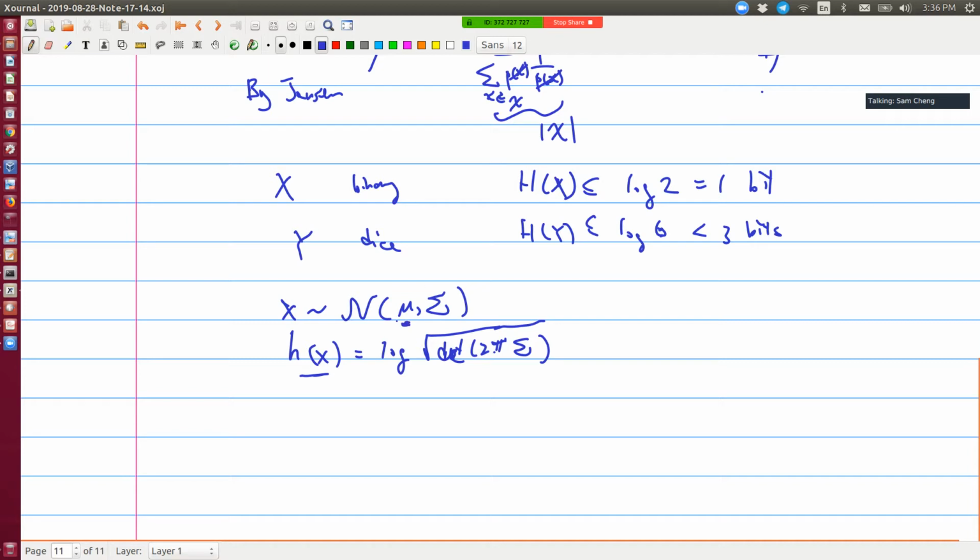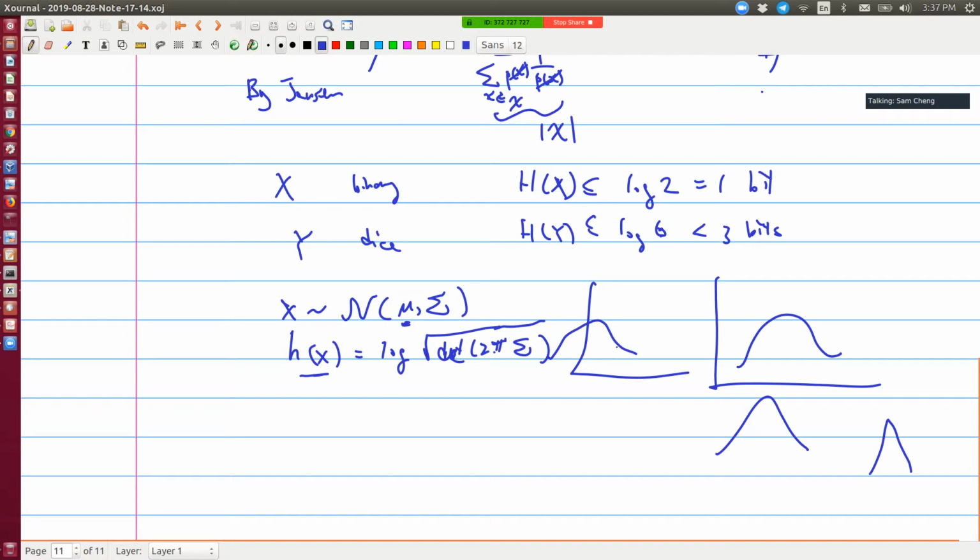It only depends on the shape of the distribution, for example whether it's this shape or this shape here, or all sharp. It doesn't matter where you have this distribution. For example, if your distribution is here, you have the same entropy as if it shifts to, let's say, here, assuming these two have the same shape. I'm not very good at drawing.